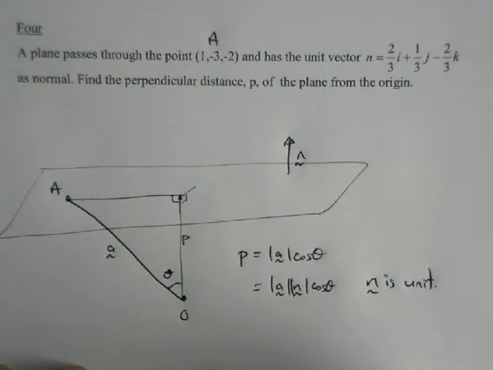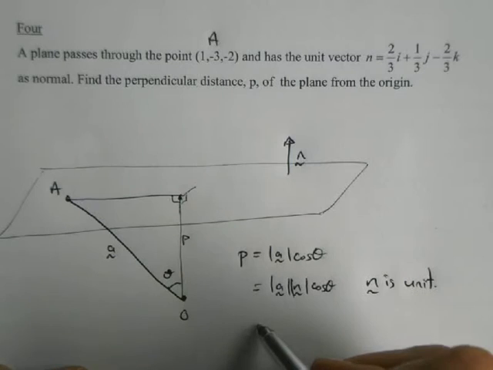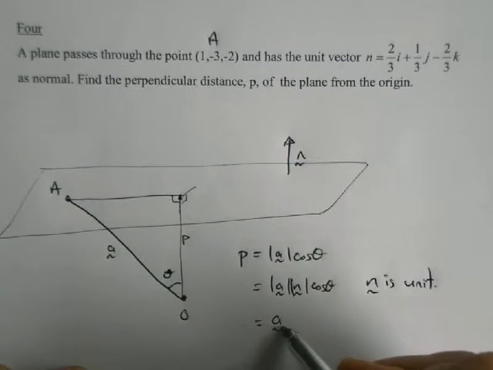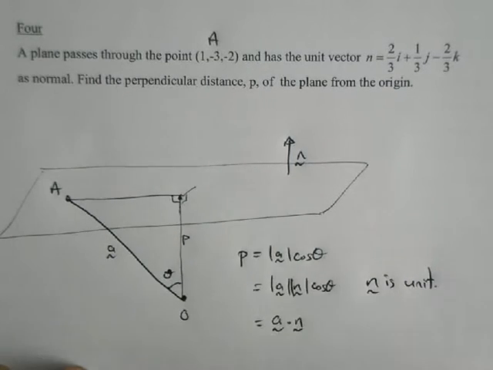So we're multiplying that by 1. It doesn't change it at all. And then that, by definition, is just equal to A dot N.